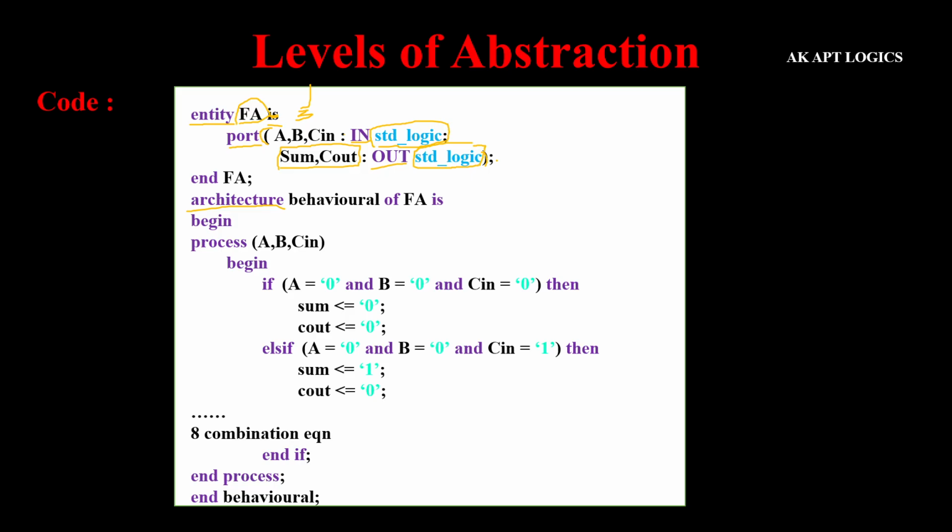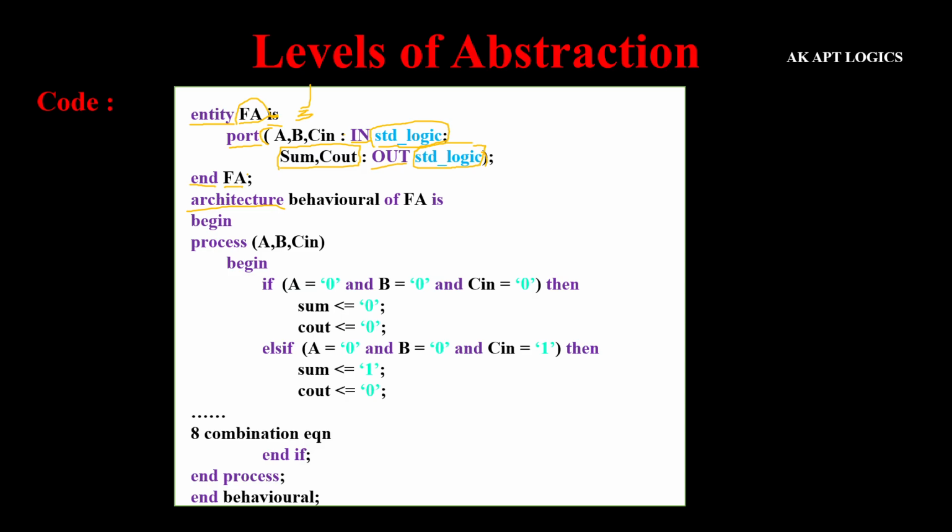semicolon. Okay, and then after writing the port, we don't have any entity declarative items as well, so we are going to end the entity. How we need to end the entity means, we simply use the end keyword followed by the full header, that is entity name, right?